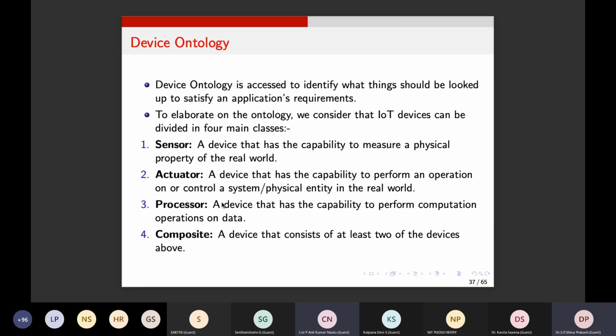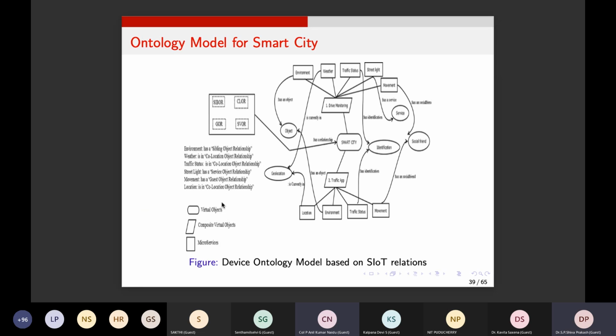Now, how do I build a device ontology for smart city applications? This particular diagram shows how the device ontology model can be used for a social IoT relationship.